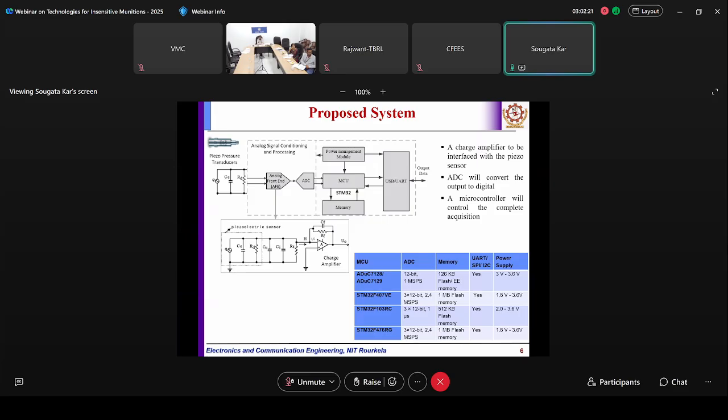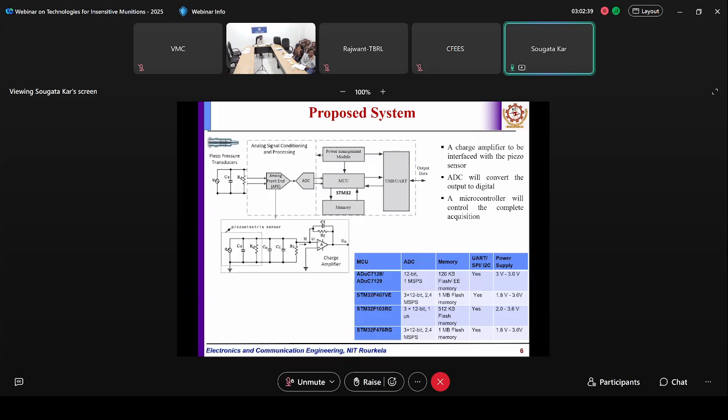It has 1 MB of flash memory within the microcontroller itself, so we can store the data, and it can be operated from 1.8 volts to 3.3 volts. Here we are using a 3-volt battery, so it will be operated from a 3-volt supply.